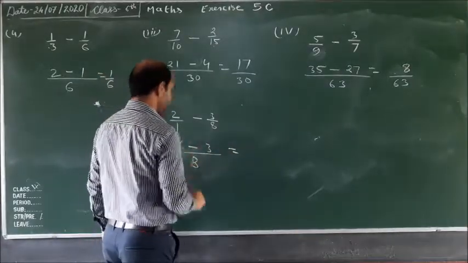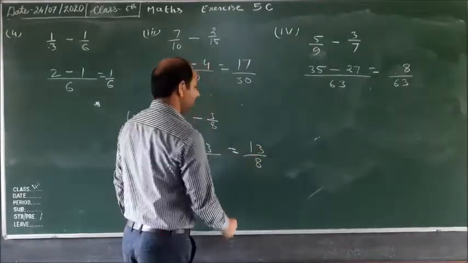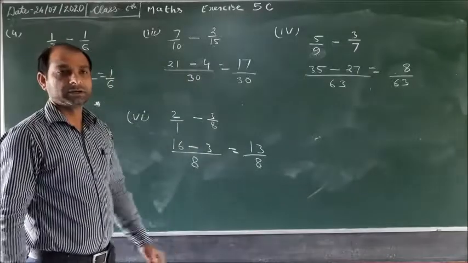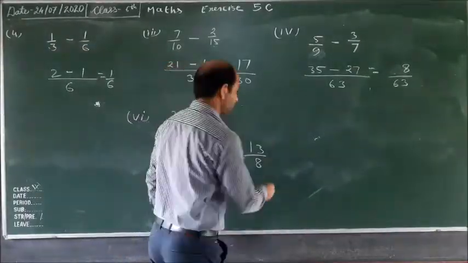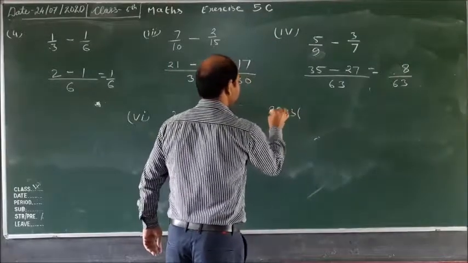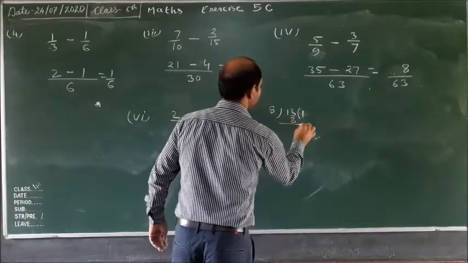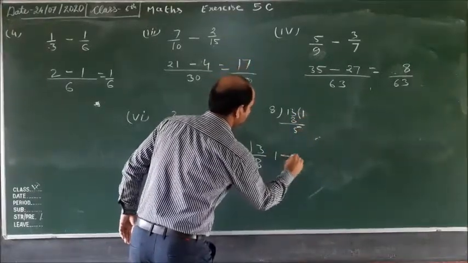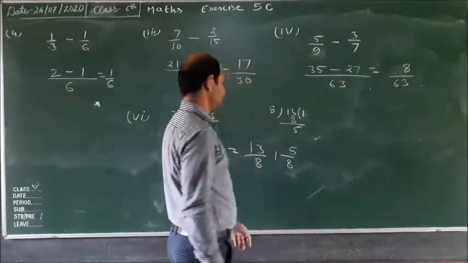Now 16 minus 3 equals 13 upon 8, and this is already in the lowest term. You can also change it into a mixed fraction. So how do we change? 8 times 1 is 8, 5 remaining, equals 1 and 5 upon 8.